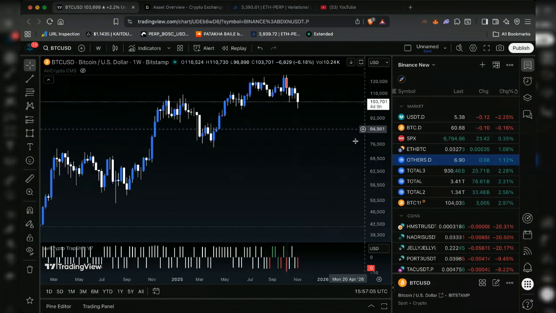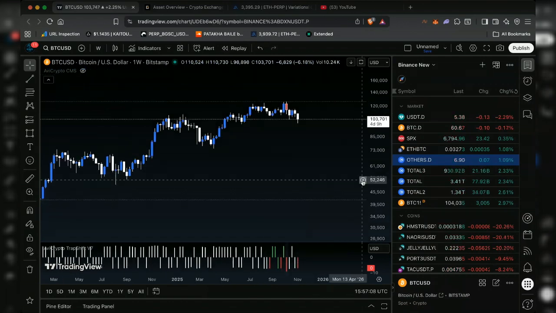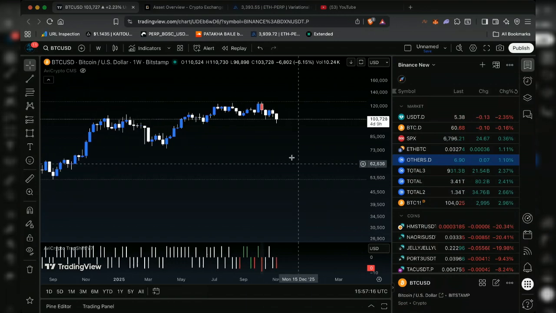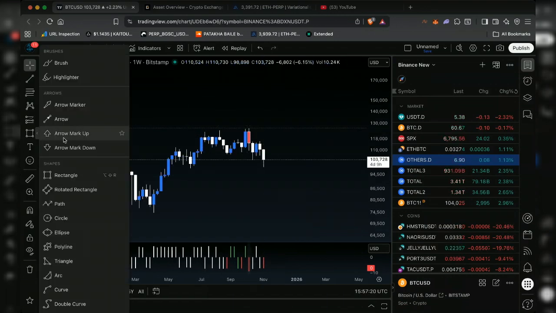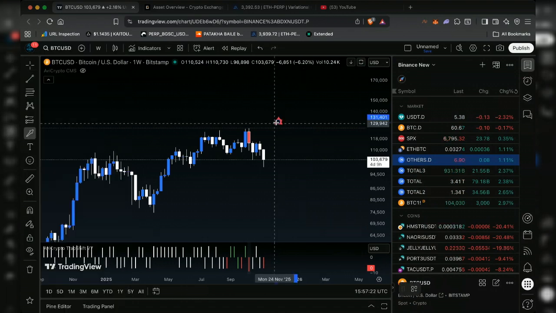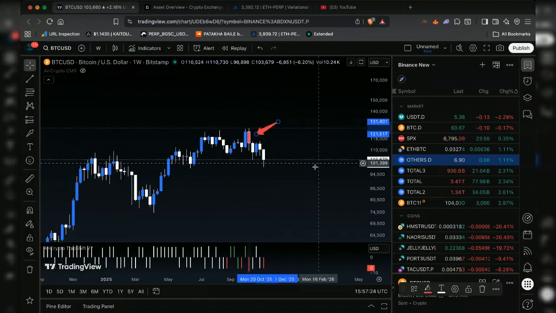Right, so why is this indicator really important? If you see on the weekly chart of Bitstamp, the top is making a red candle. If you can see this red candle, that means a lot of sellers have stepped in this area.